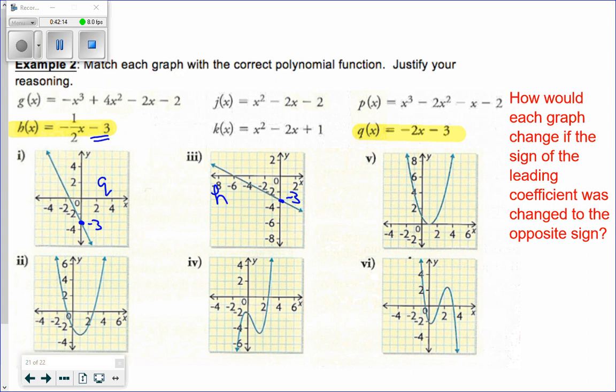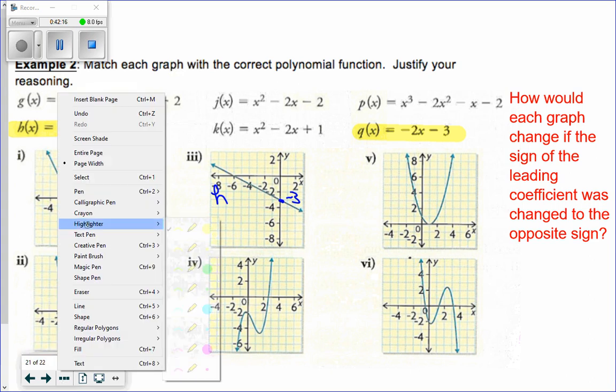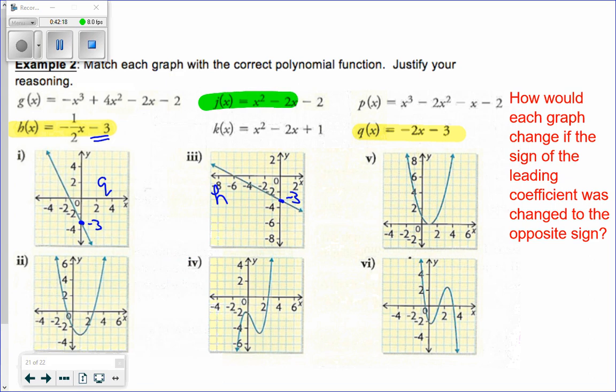Okay, let's do the quadratics next. So let's find our smiles and frowns. Okay, so we know it's got to be graph 2 or graph 5. What does the number on the end match again? The y-intercept, right?